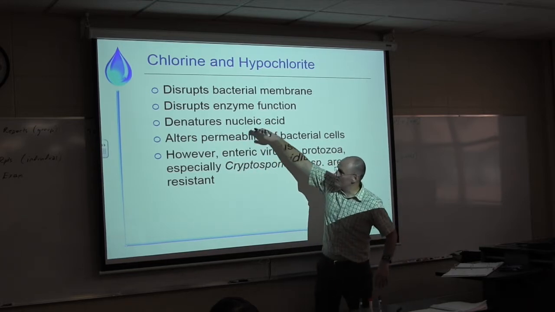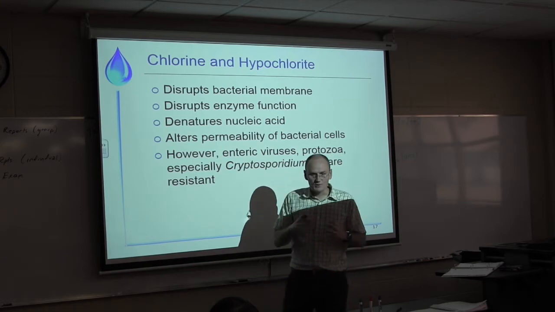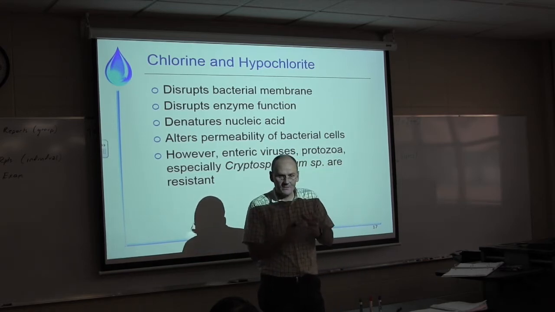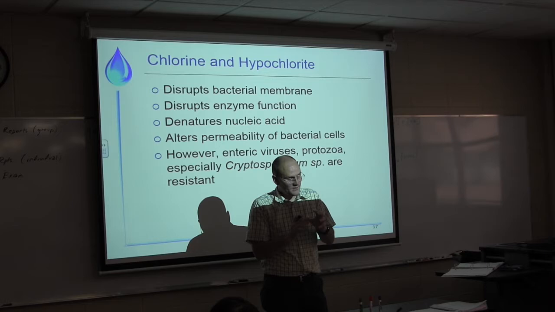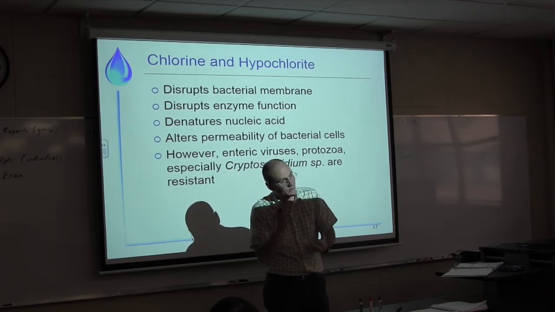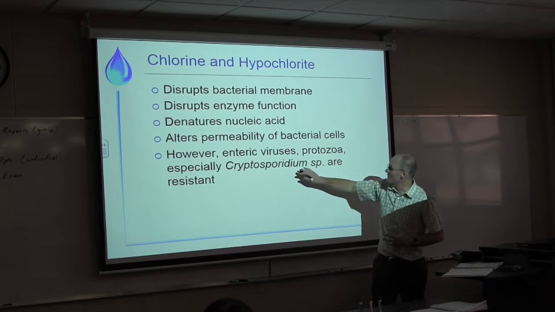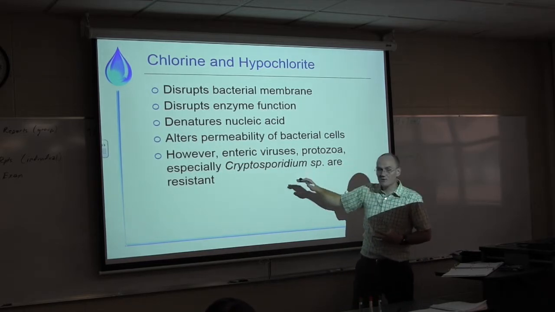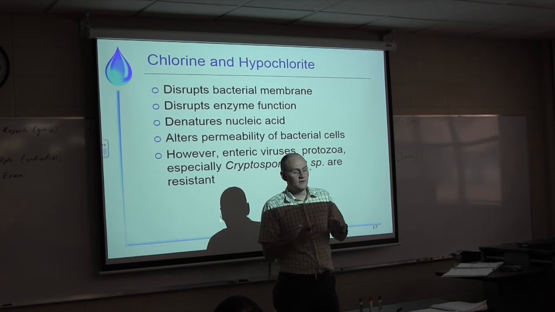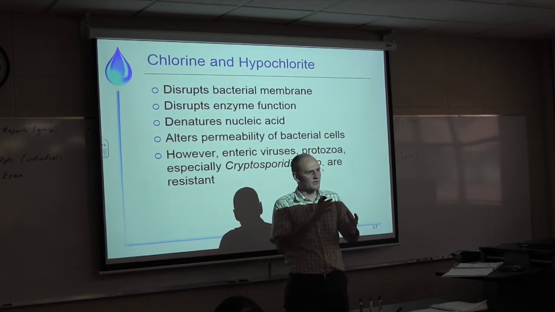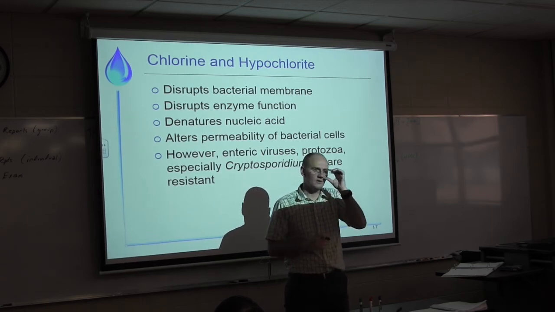And because it's doing all these things, because it's just reacting with the biochemistry in a molecule, if you've got some sort of protective layer, then the chlorine is not going to work as well. Like cryptosporidium. Crypto, I said, was a larger organism. It's a eukaryotic organism. It's not a single cell organism.